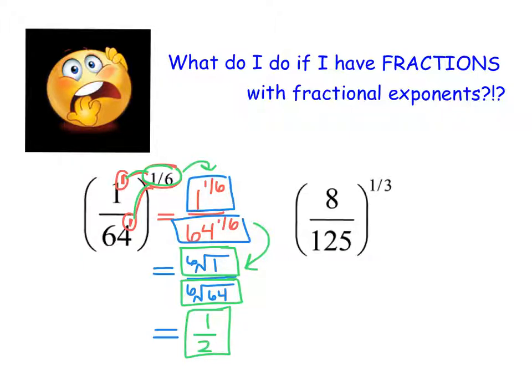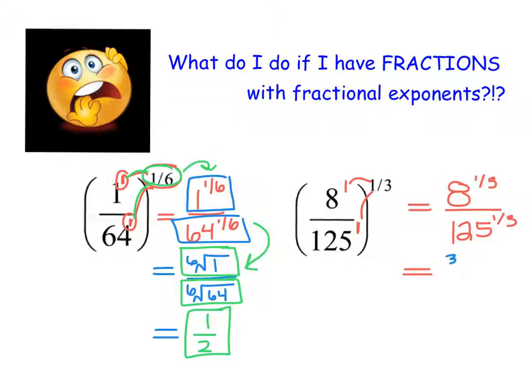Now if I apply the same thinking to the second problem here, I'll have to the power of 1, multiply them each by 1/3. So I get 8 to the power of 1/3 divided by 125 to the power of 1/3. Then from here I rewrite them as roots.